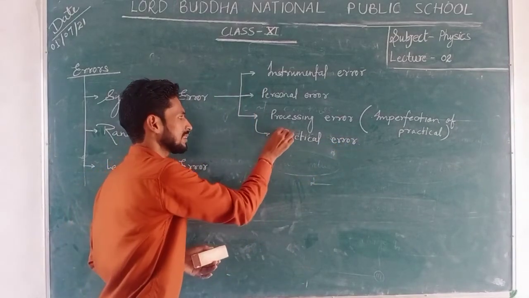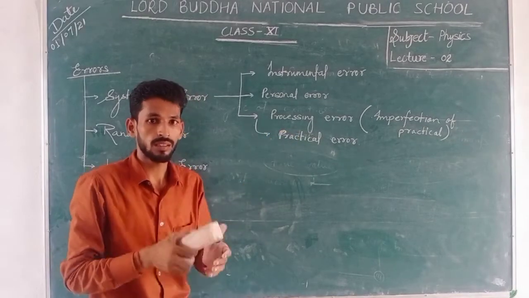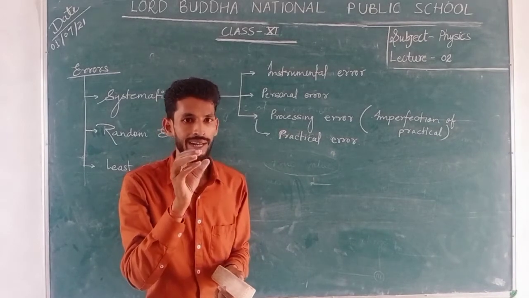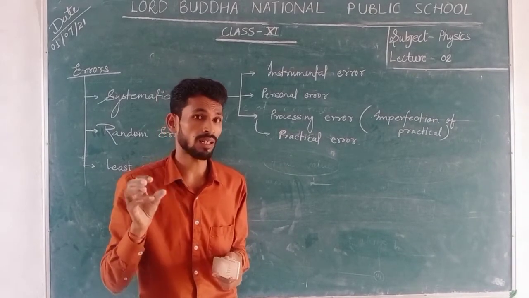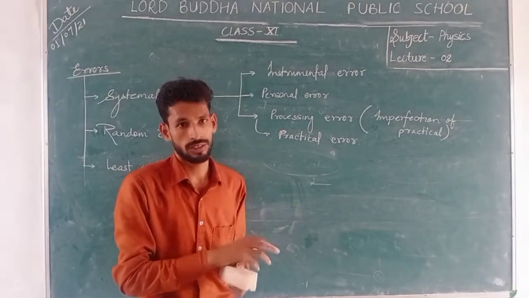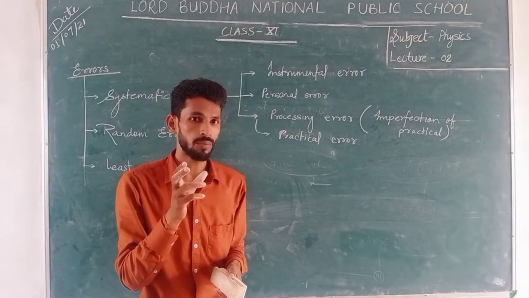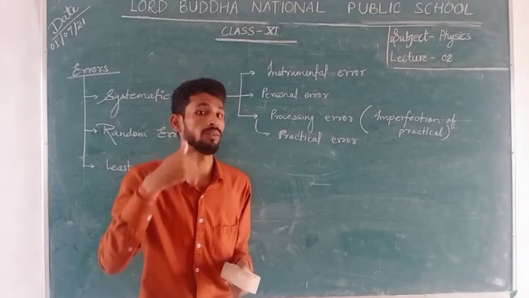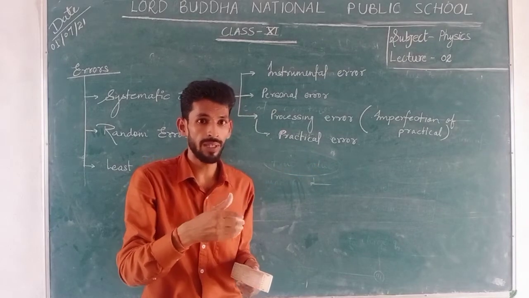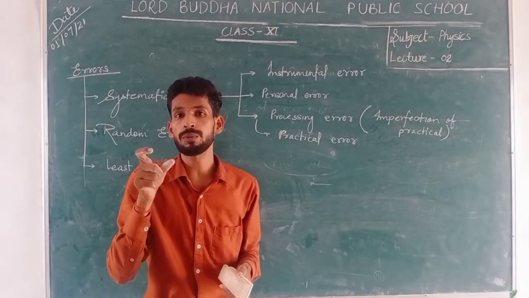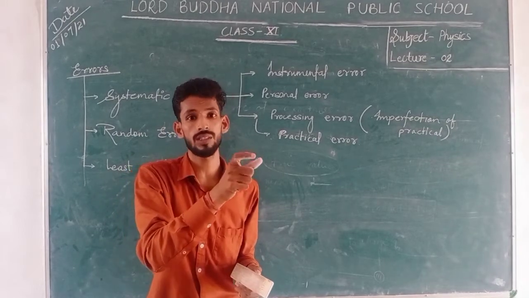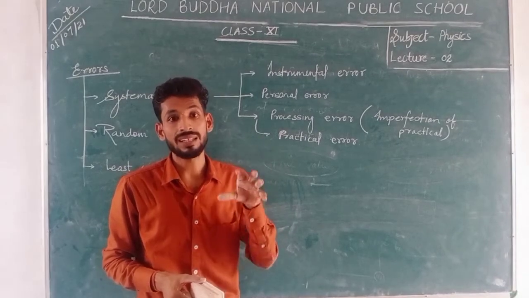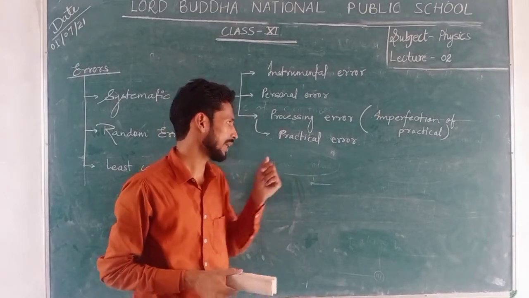Practical error means there are several processes, several terms. Suppose that we are going to add the lengths of two different iron rods. If we measure the length of the first rod and then go for the second, the error will be produced in the first and also an error will be produced in the second. So there will be practical error. That type of error is practical error.